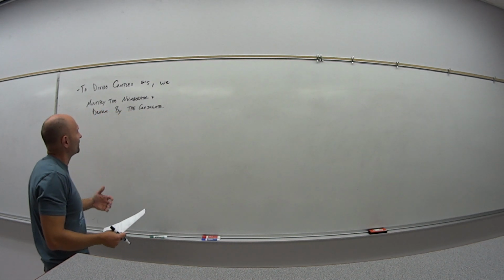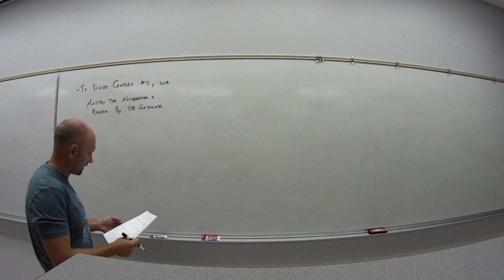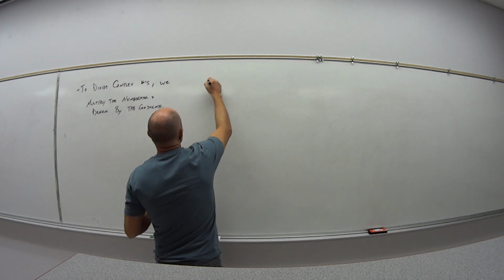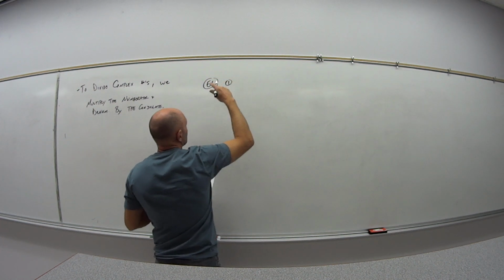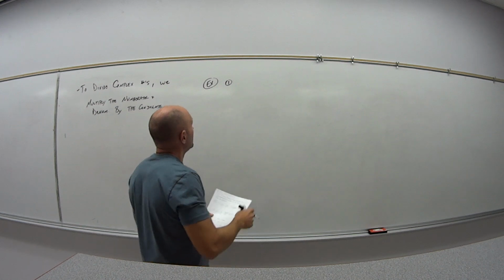Because it's complex numbers, we don't call it rationalizing, but we are doing the same process. We're multiplying by the conjugate. So let's look at a couple examples. I'll do one. I'll give you another example, let you try that, and that'll wrap up this video.